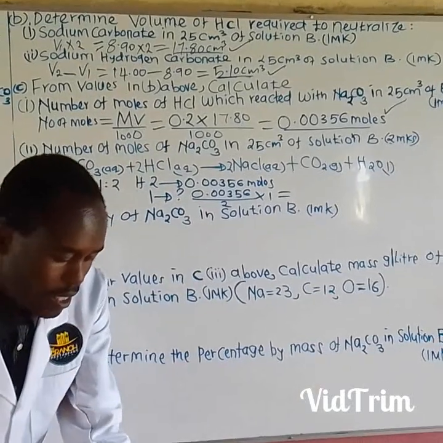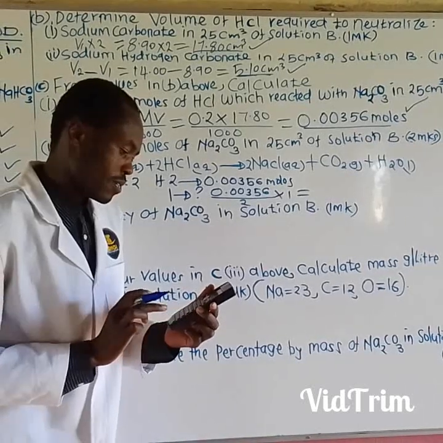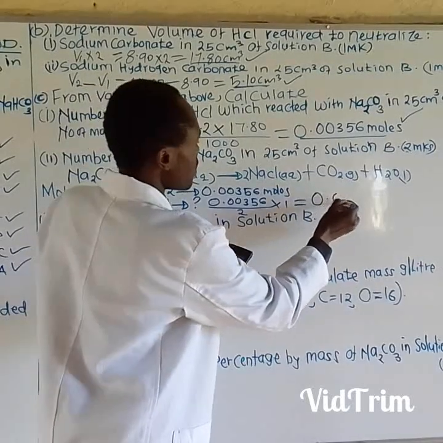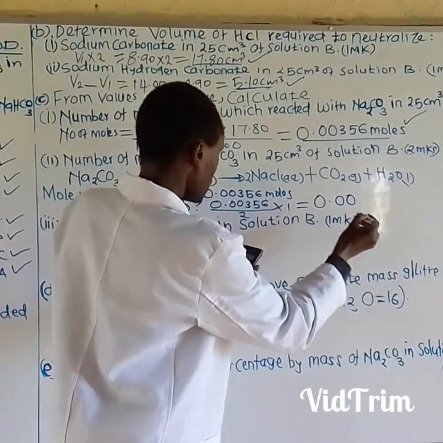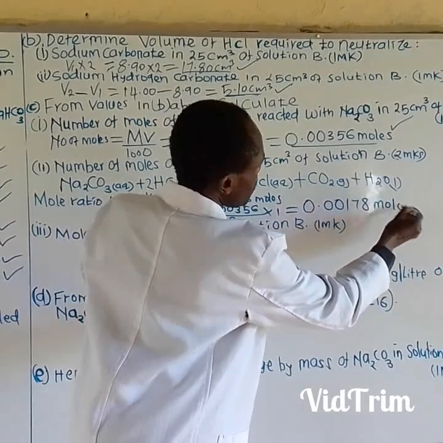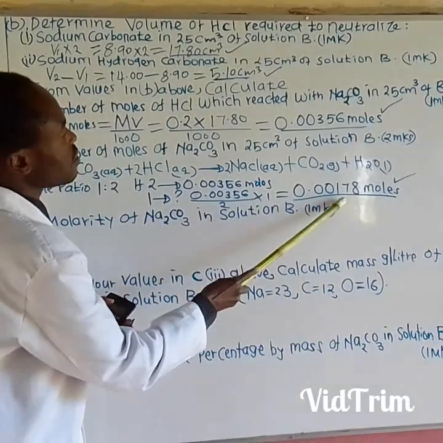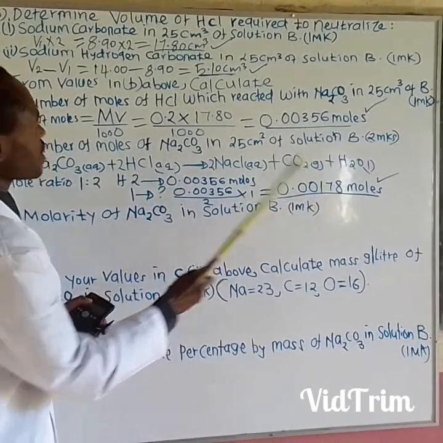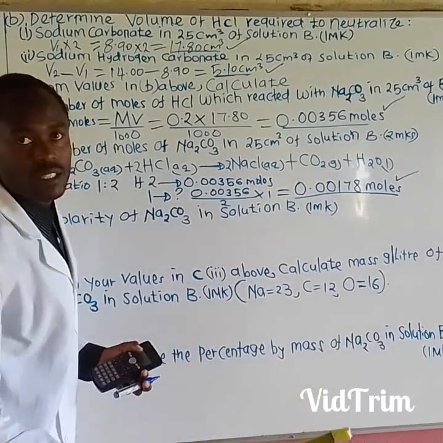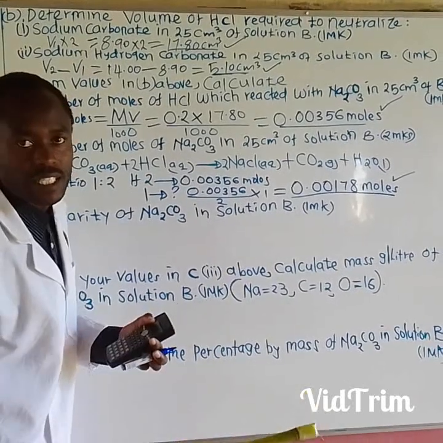When I take my calculator, that gives me 0.00178 moles. Then I put a tick. So these are the moles of sodium carbonate in 25 centimeter cube of solution B, using the mole ratio between the carbonate and the acid, isn't it? Good.